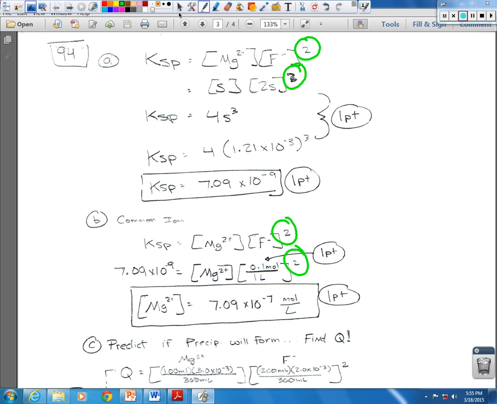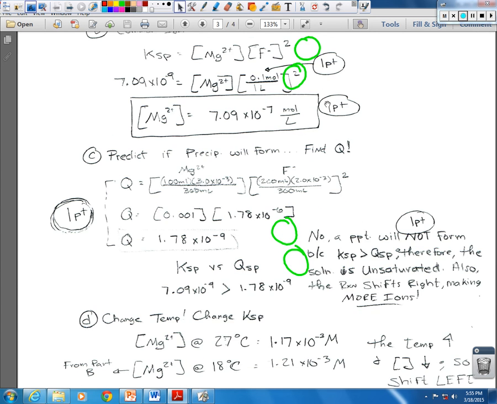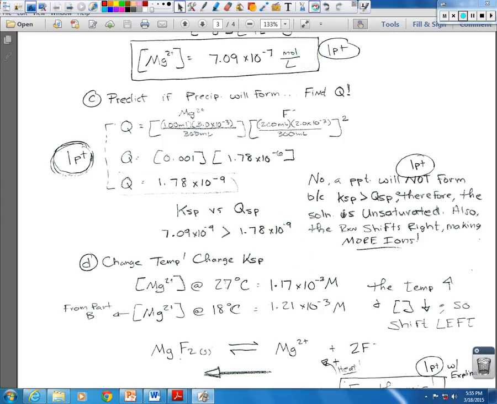Now I just want to show you this as the last question, but it said predict if a precipitate would form. Again, we haven't covered this yet. I'm not going to do it before spring break. What you would do is you'd have to find Q, and this is what I mean by how you have to deal with the change in volume. It gets nasty. You do the volume they give you times the concentration divided by the total volume.